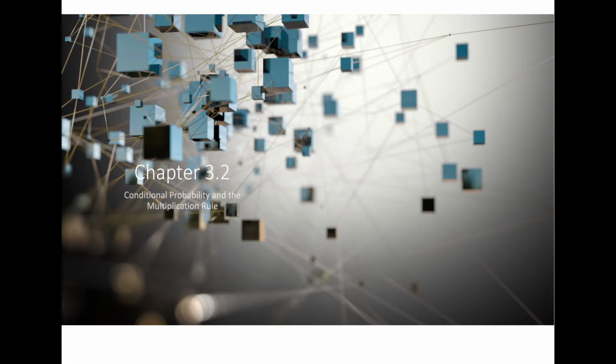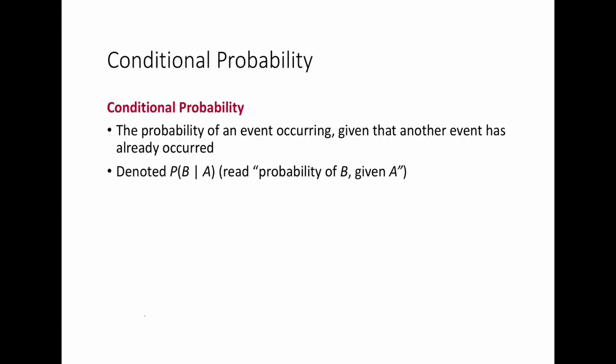In this section, we're going to look at conditional probability and an important rule in probability called the multiplication rule. The first rule is the conditional probability. In a conditional probability, we assume an event has already occurred, and we determine what the new probability would be, assuming that another event has already occurred.